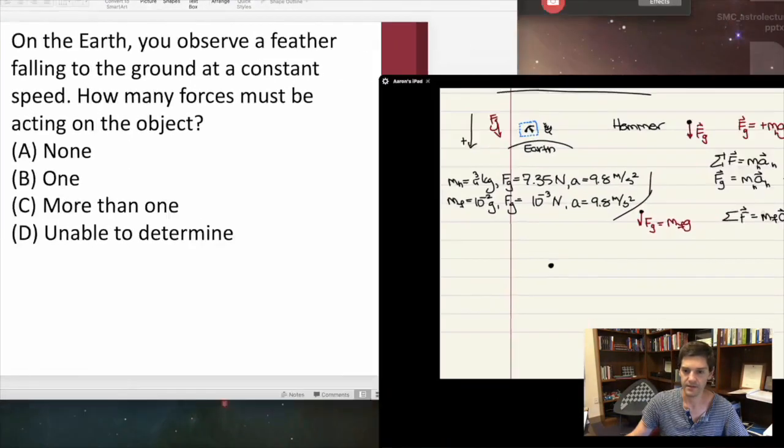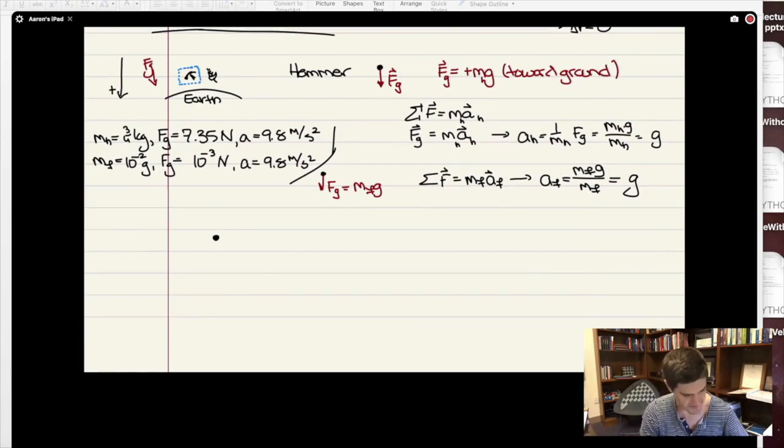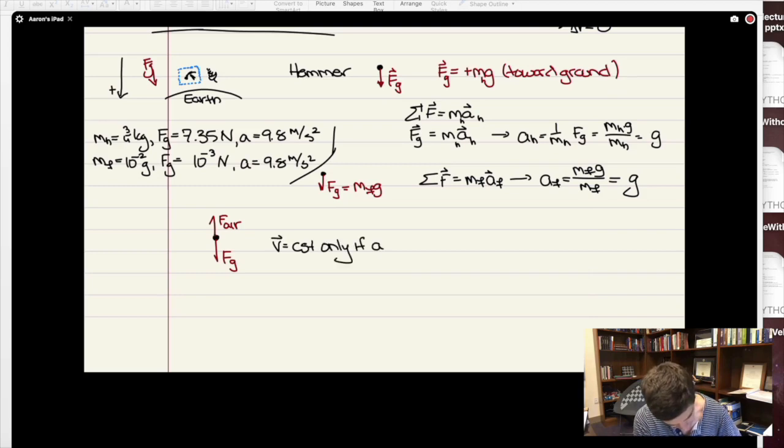We could go back to the written work. If this is the feather, and it's experiencing gravity pointing downward, there must be some force, maybe it's the air or something like that, that is pushing back up on the feather. Because the only way you can get v as a constant is only if the acceleration is 0. Remember, how velocity changes is just acceleration.